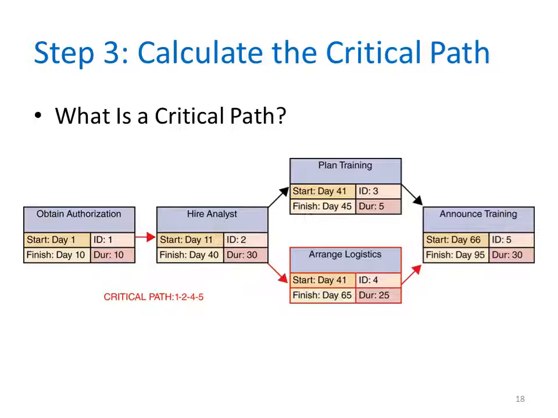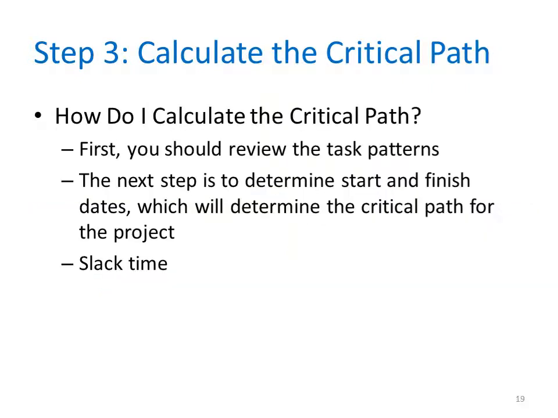If any task on the critical path falls behind schedule, the entire project will be delayed. Project managers must always be aware of the critical path because they need to respond very quickly to keep the project on track. MS Project and other project management software can highlight the series of tasks that form the critical path. And in the next few slides, we'll talk about exactly how that is calculated.